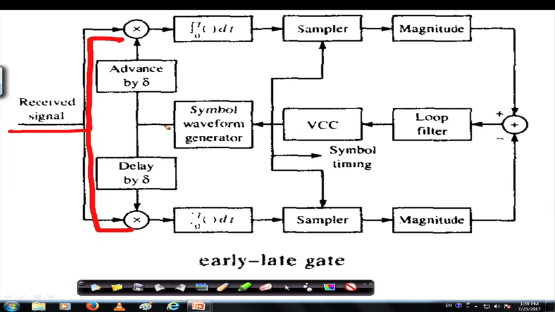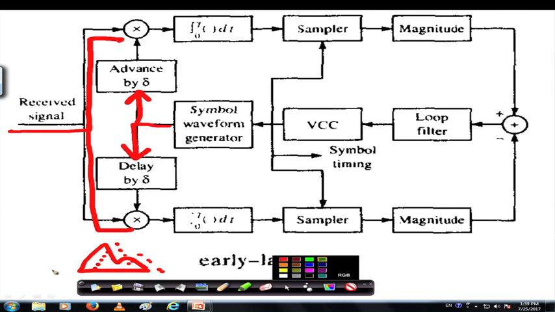In one case the pulse is delayed by delta, in the other case the pulse is advanced by delta. Let us say our pulse is like this; in one case you have the pulse going like this, in the other case the pulse going like so. These are the two pulses with which you are going to correlate.